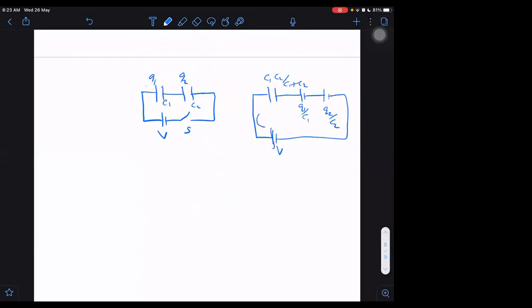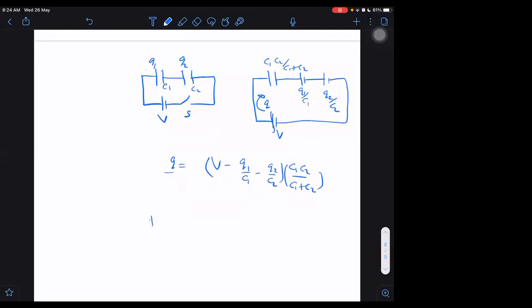What will it be useful to find out? It will be useful to find out the charge flown in the circuit. Let the charge flown in the circuit be Q. Then what is Q coming out to be? Q is nothing but the effective battery, V minus Q1 by C1 minus Q2 by C2, that is the effective voltage, into the series equivalent C1 C2 upon C1 plus C2. That is the charge supplied. Once we know the charge supplied, what is the heat energy dissipated?